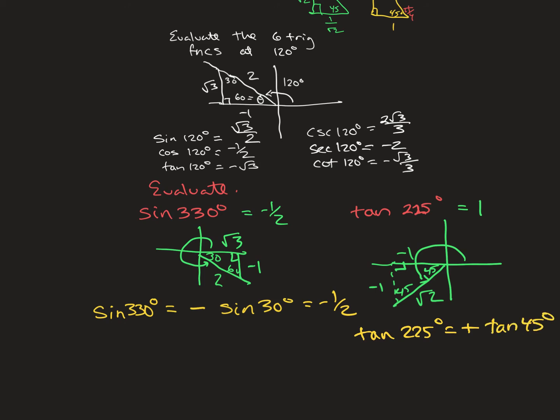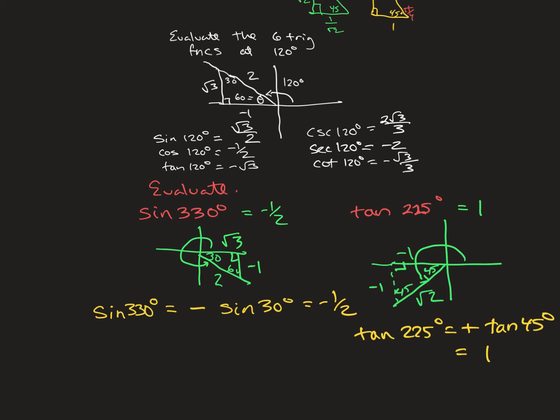And then I go up to my little triangle that I've drawn and I realize the ratio is 1/1, so it's going to be equal to 1. So whatever you find easiest, again, totally fine to always draw a triangle. I just tend to think of if it's positive or negative and the reference angle.